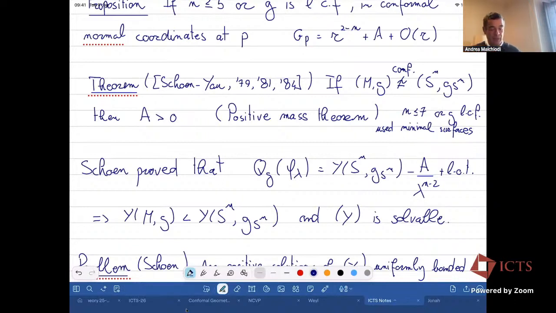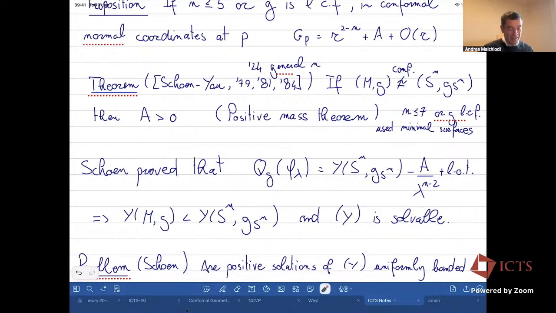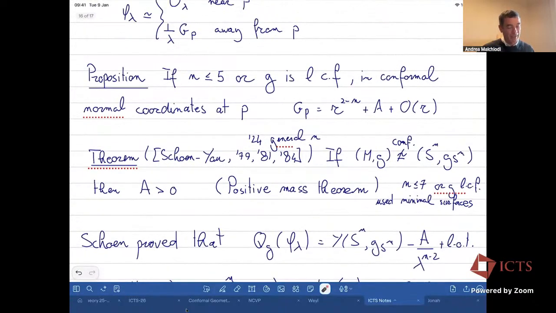And more recently, in 2024, they have a proof for general n. But for the Yamabe case, you only need it when the dimension is less or equal to 5, or the metric is locally conformally flat. So for this application, the result of the 80s was enough.